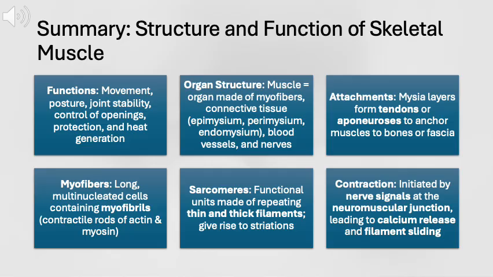The integration of nervous input at the neuromuscular junction, calcium release from the sarcoplasmic reticulum, and ATP cycling ensures that contraction is precise, efficient, and reversible. This layered organization, from whole muscle to molecular proteins, explains why skeletal muscle can perform such a wide range of tasks, from delicate handwriting to powerful weightlifting.